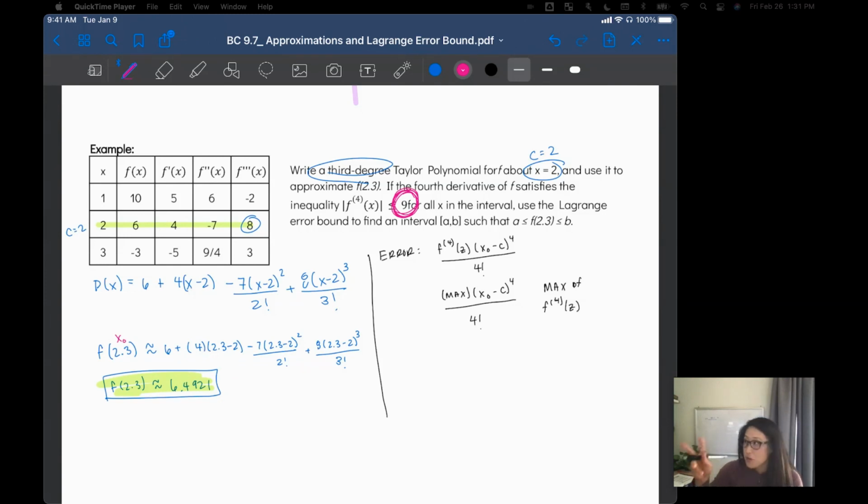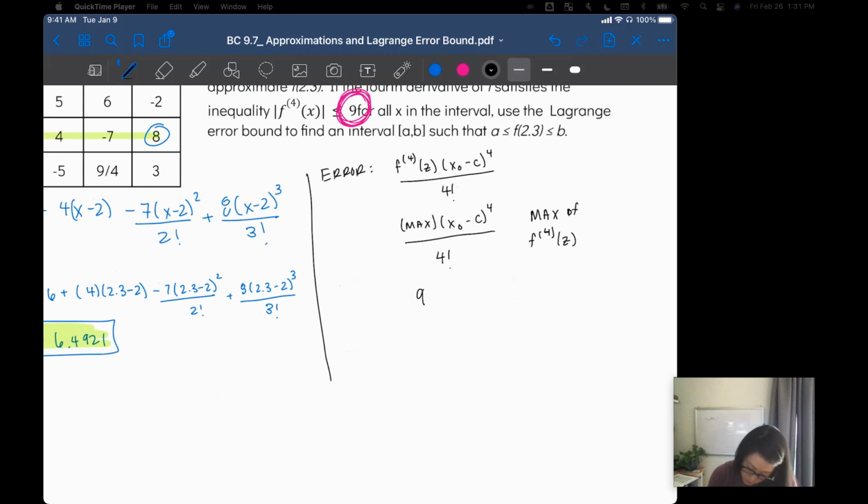So because the fourth derivative of f has to be less than or equal to 9, I'm going to substitute in 9 for the max value, over 4 factorial, times x sub naught, which is 2.3, minus 2 to the fourth. Okay. So I'm going to just do this in my calculator.